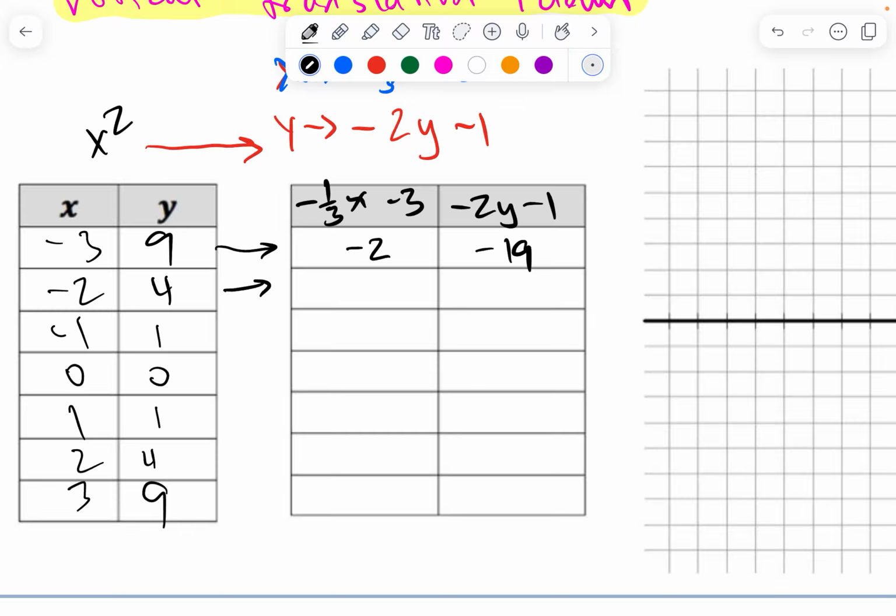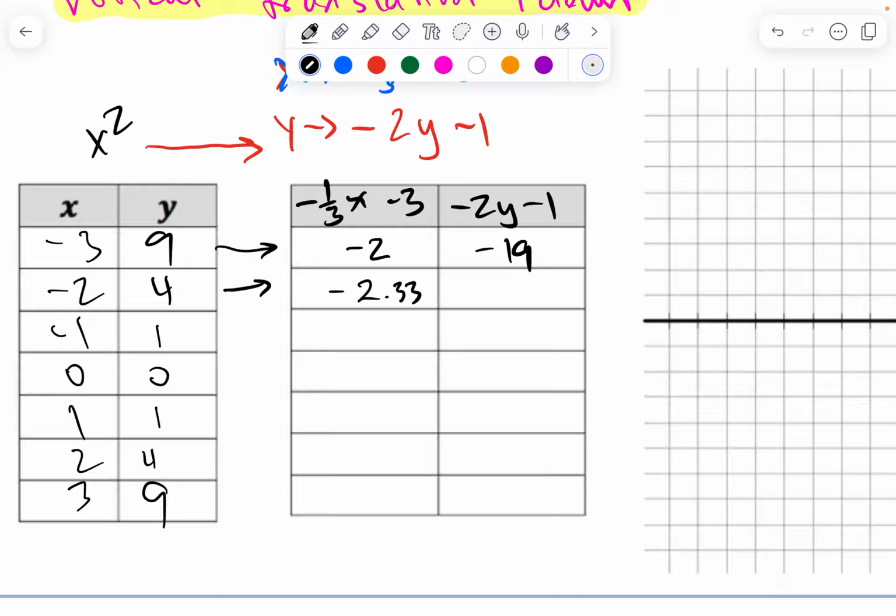This one is going to be 2/3 take away 3, which is -2 1/3, so 2.33.